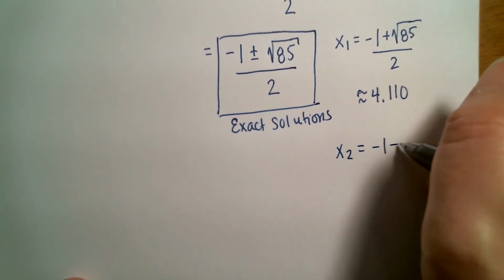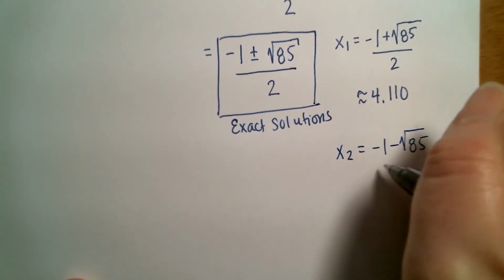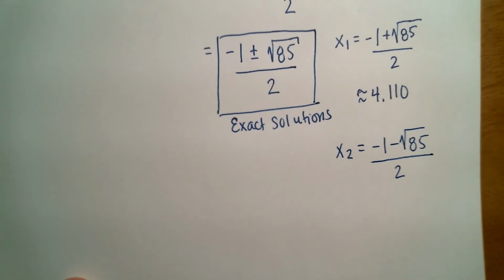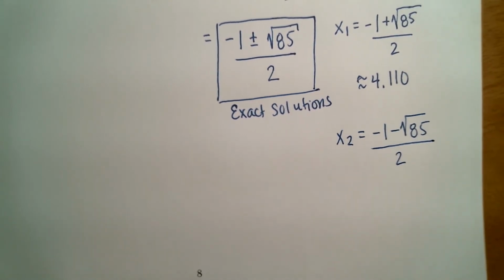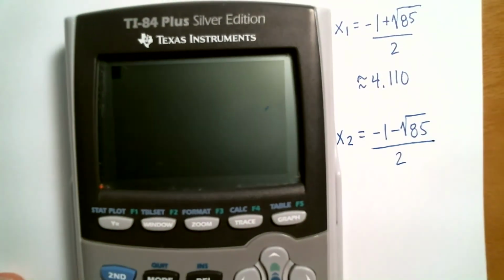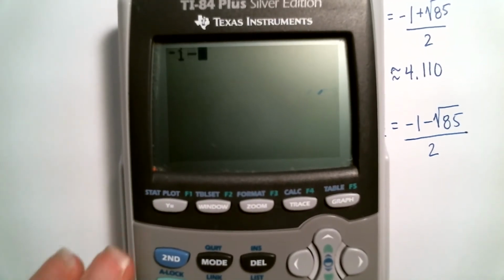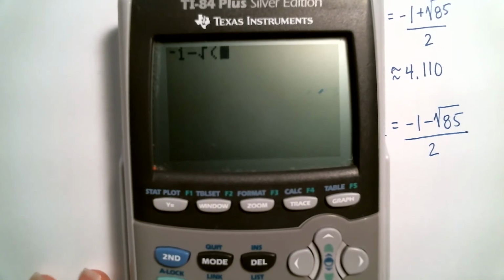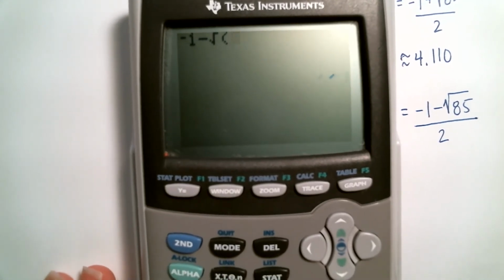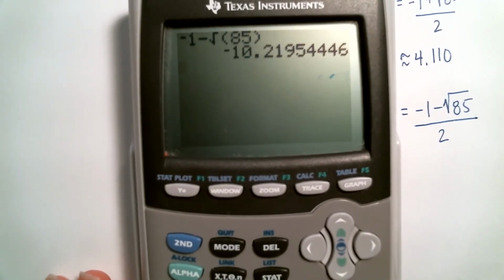So we're going to get -1 minus the square root of 85 all over 2. Now we're going to pop this into the calculator. Same kind of method. You're just going to do -1 minus the square root of 85. Enter. That's the numerator. Then divide that by 2.